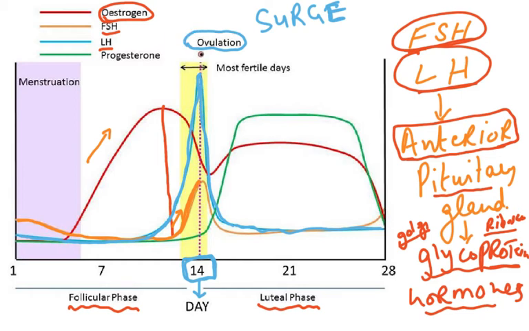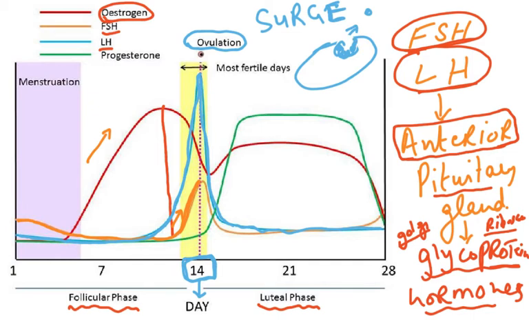And then once ovulation has occurred, if you remember from the previous video, there's the ovary, and then we had the follicle developing, and then the follicle bursting and coming out, and what was left of it was called the corpus luteum.